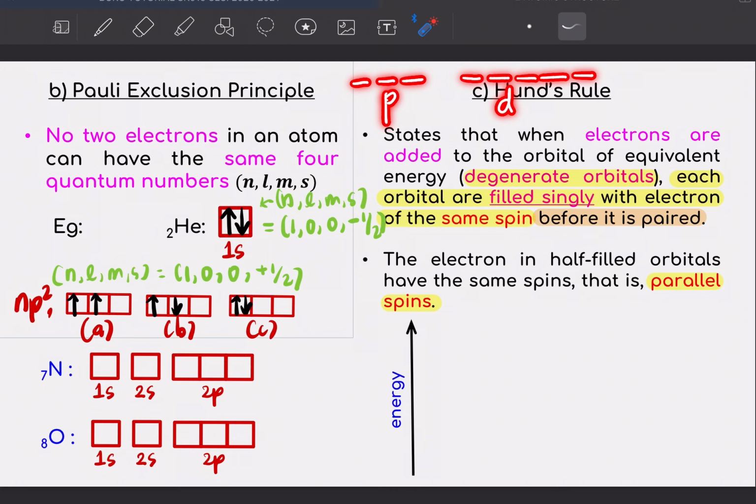So these orbitals have the same energy, so they are called degenerate orbitals. So when you are filling electrons in these degenerate orbitals, each orbital is filled singly with an electron of the same spin before it is paired.